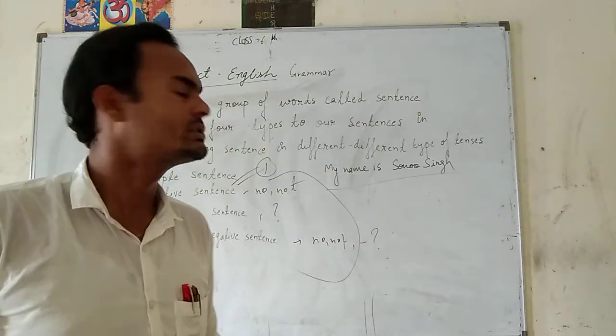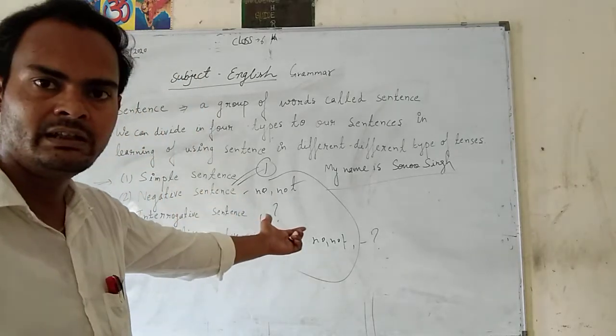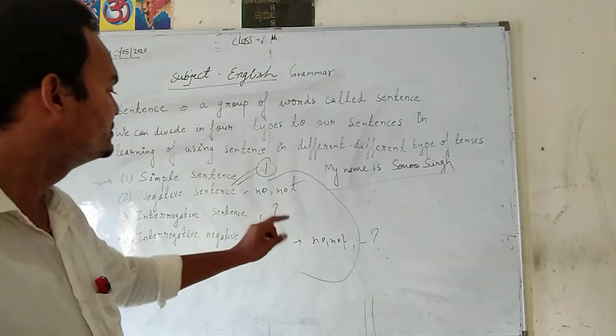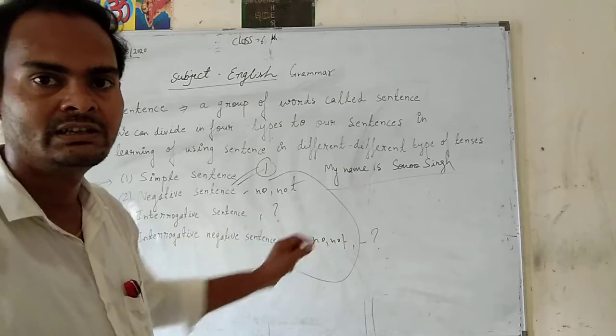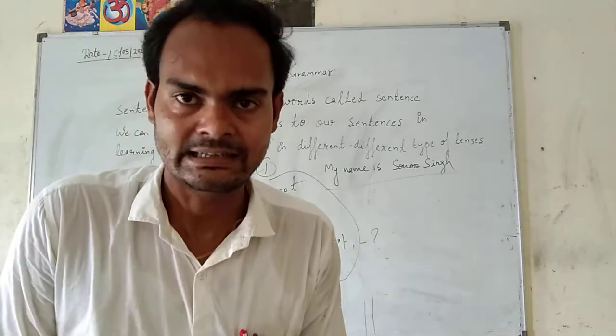A sentence in which no or not is not used, no question has been asked, and which is not interrogative negative, meaning both no or not and a question, is a simple sentence. So except for all these, sentences are simple sentences.